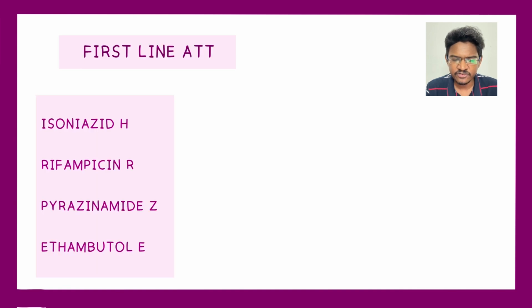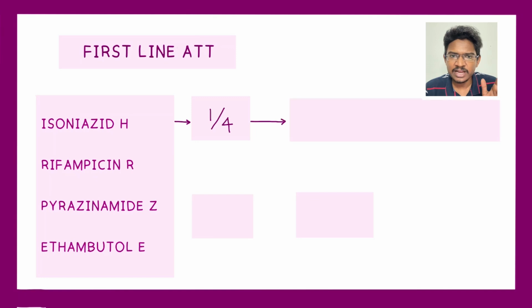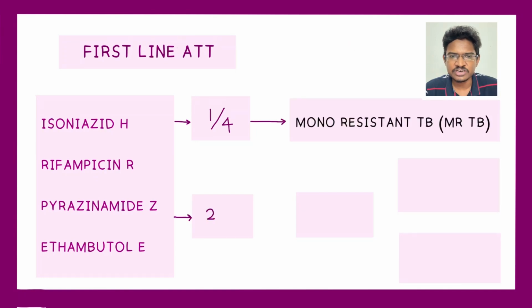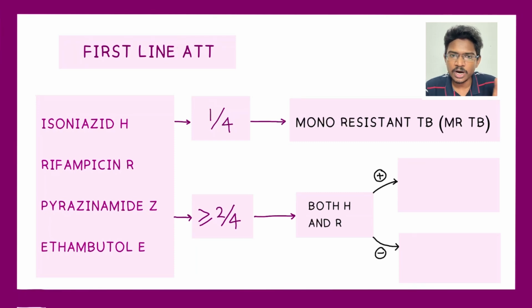First, if there is resistance to only one of the four first line ATT, then it is monoresistant tuberculosis. If it is resistant to rifampicin alone, then it is RR, rifampicin resistant tuberculosis.